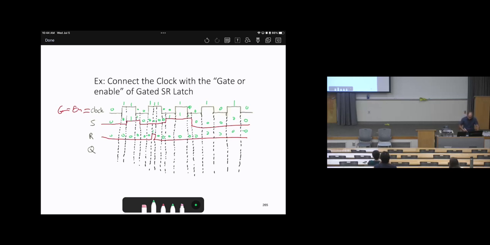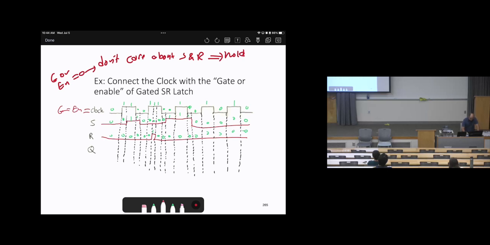You need to keep in mind something, which is when the gate or the enable equals 0, don't care about S and R. It will be hold.